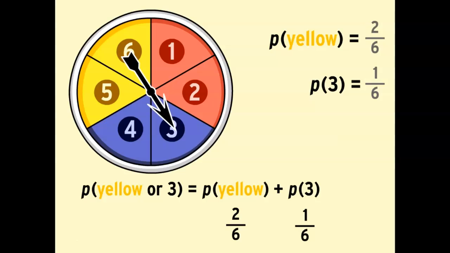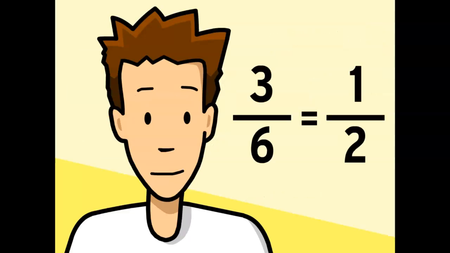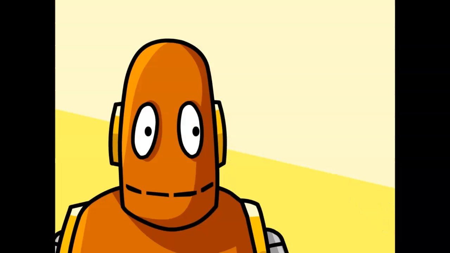So the probability of the spinner landing on yellow or a 3 is 2 out of 6 plus 1 in 6. That's 3 out of 6, which can be simplified to 1/2. See? 3 out of 6. Good question.